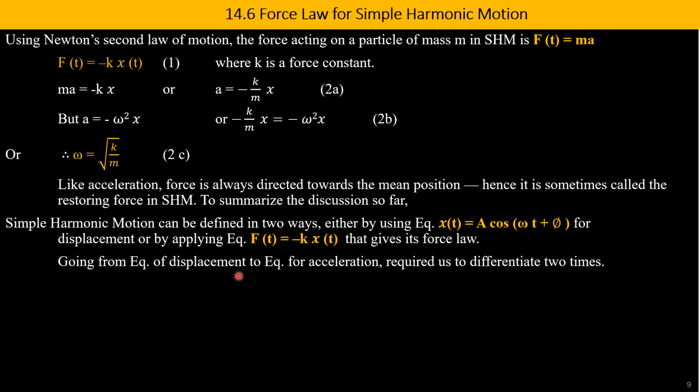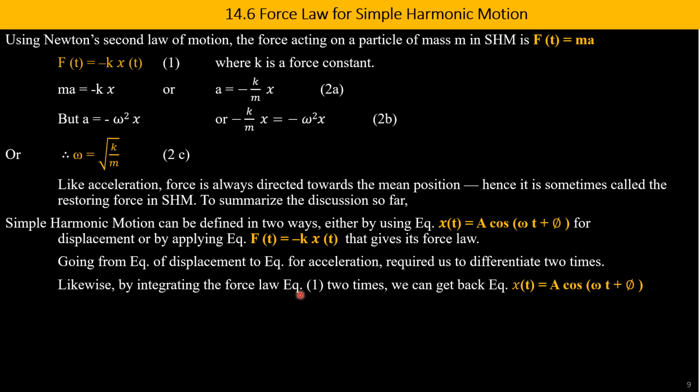Going from the equation of displacement to the equation of acceleration required us to differentiate two times. That is, using this equation x of t is equal to a cos omega t plus phi, we have to differentiate two times to get the equation for acceleration.